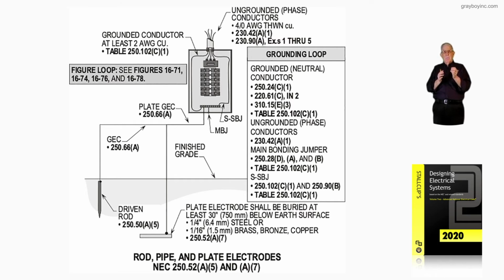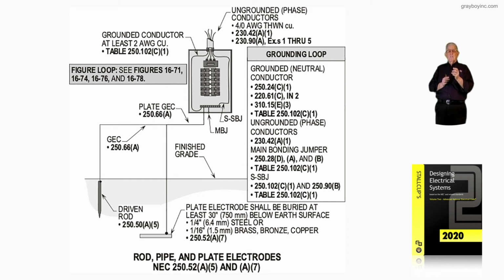Now moving on down, we would size the grounded conductor to serve as an effective ground fault path from Table 250.102(C)(1) based upon the ungrounded conductors. The ungrounded conductors at the service, as you see, is 230.42(A)(1), 125% of the continuous load plus 100% of the non-continuous load or with demand factors.